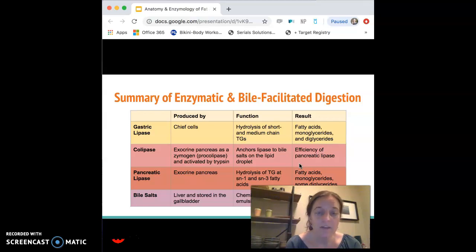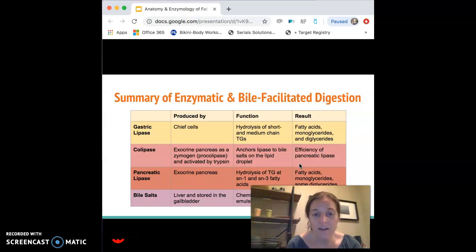The next step of fat digestion, as we discussed, is the intestinal phase of digestion, and this involves the last 3: colipase, bile salts, and pancreatic lipase. We're going to skip down to the bottom to bile salts, where we'll discuss this first. As we discussed earlier, bile salts are produced by the liver, stored in the gallbladder, and then released into the small intestine, where they function as a chemical detergent which helps to emulsify the lipid droplets.